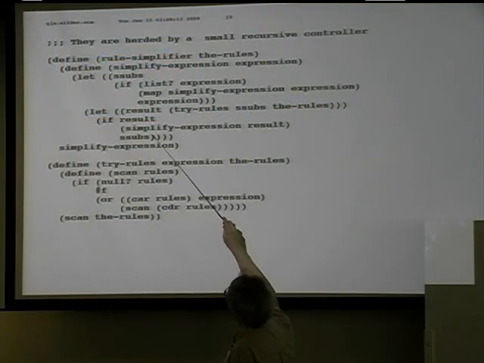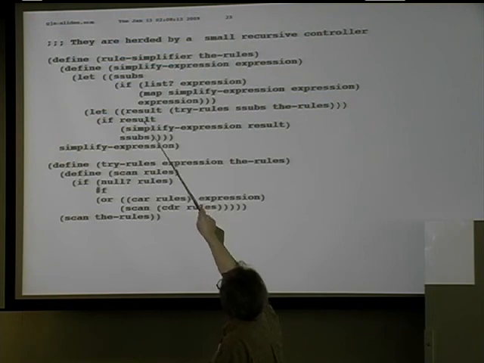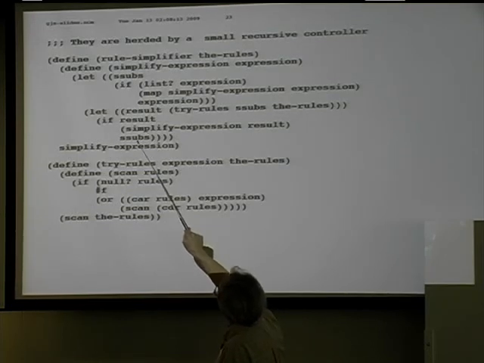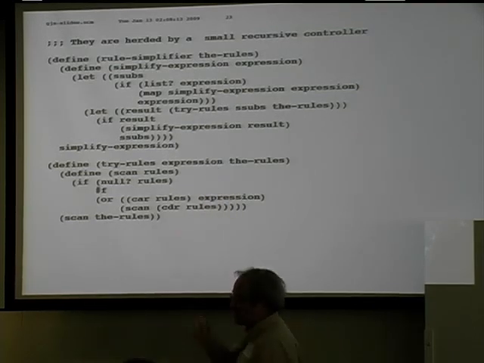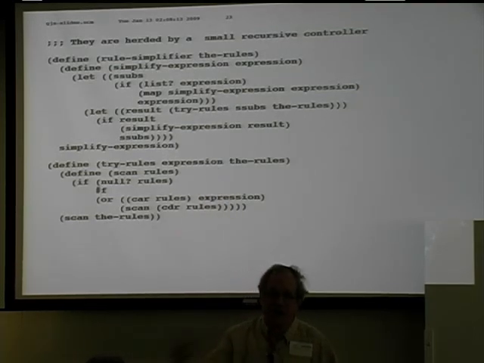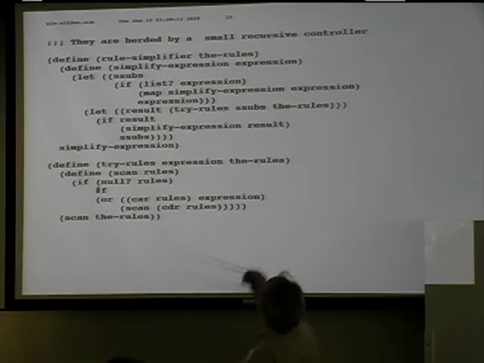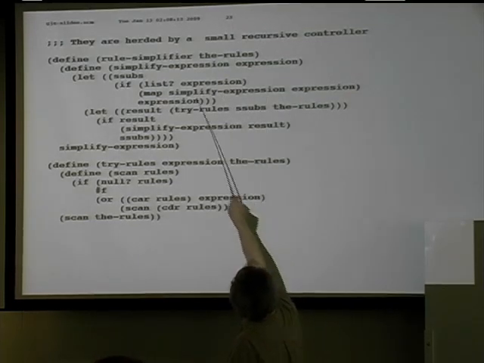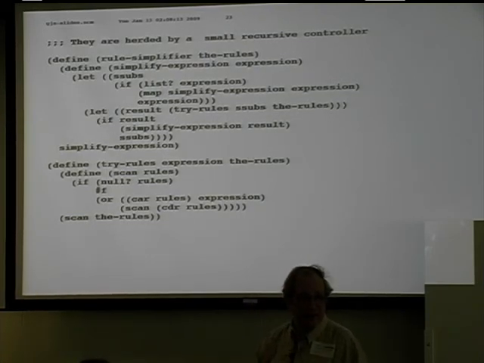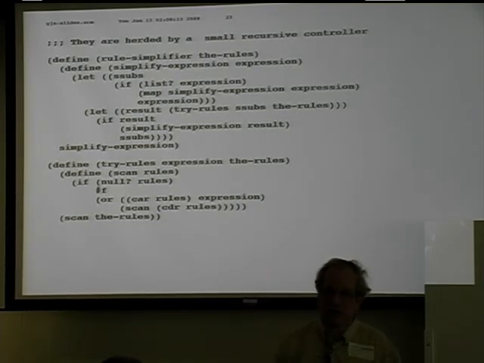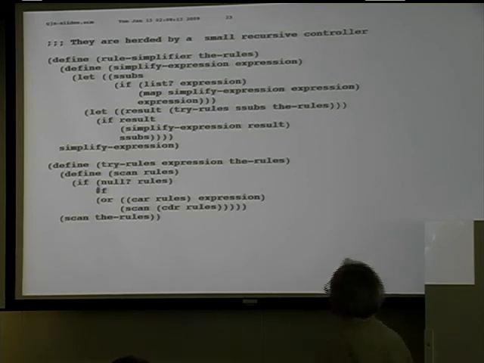However, if it was just something that didn't match, the rules were irrelevant, then I have just the sub-expressions. So this thing goes buzzing around a little loop like this, simplifying all the sub-expressions and then simplifying the result of simplifications that are made on that. So it's sort of recursive in 2 different ways. It appears here and it appears here. And I think that may be a more complicated recursion than most of you have seen recently.